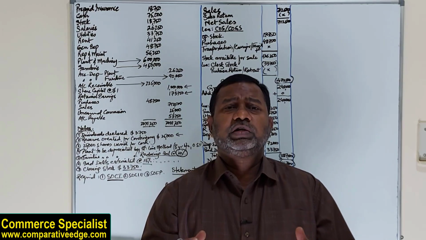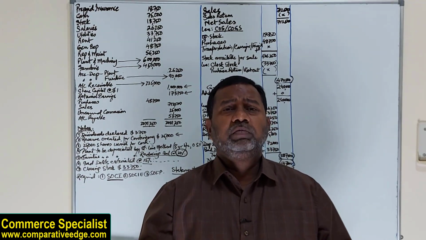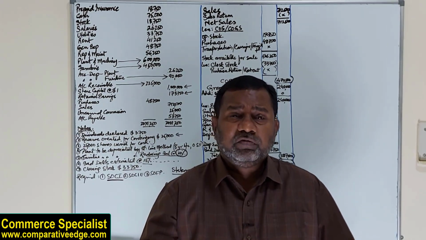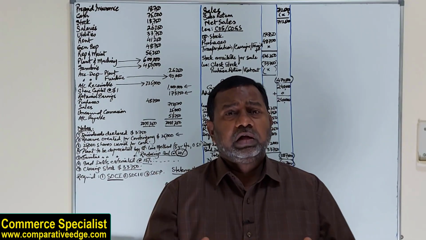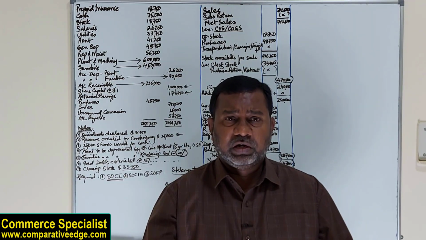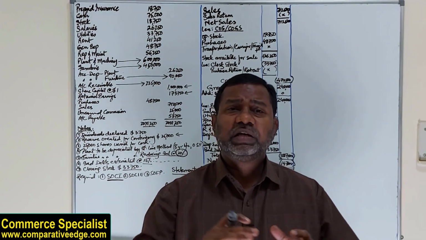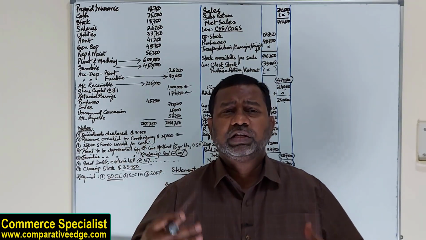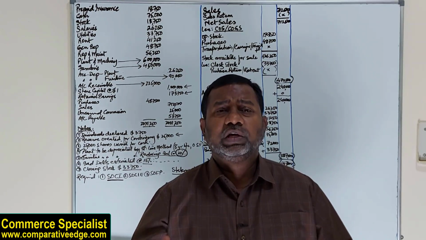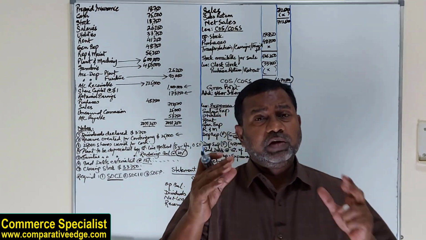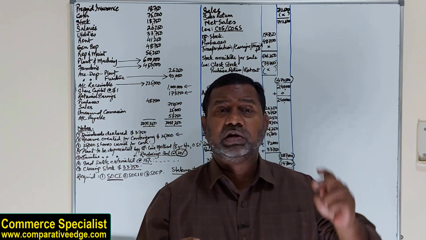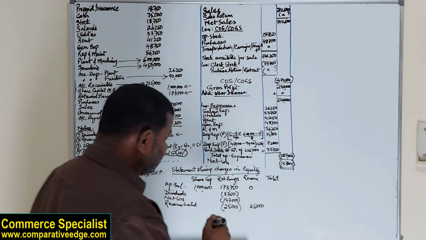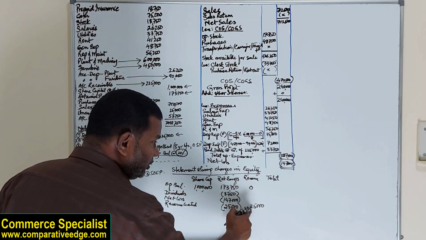Contingencies mean unexpected future payments. In good times, we don't forget the bad times. We always save something for the rainy days. So in good times, if we have something in retained earnings, we set aside some amount and call it a reserve for contingencies. In future, if there are unexpected payments to be made, we can use this reserve.